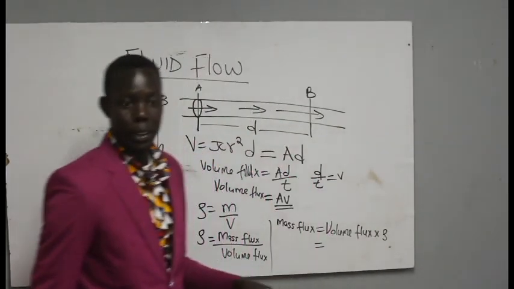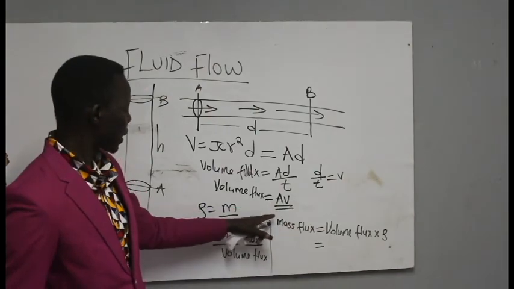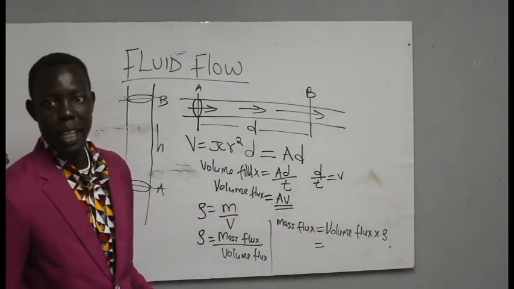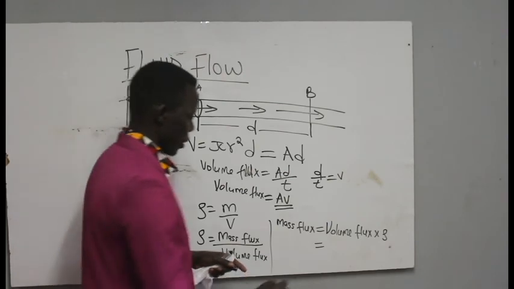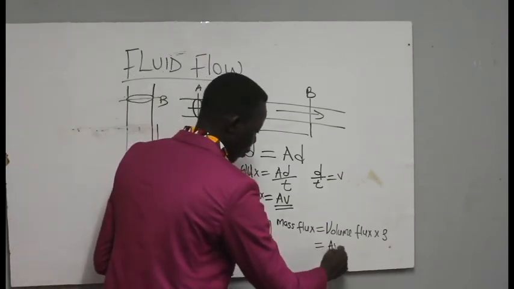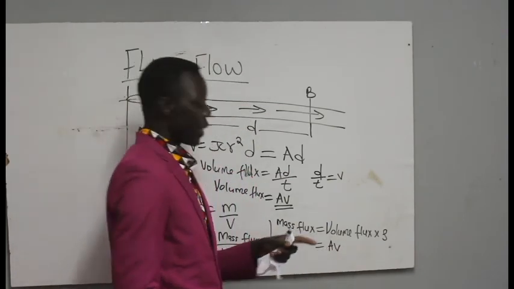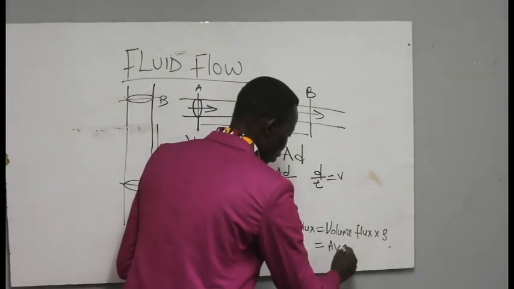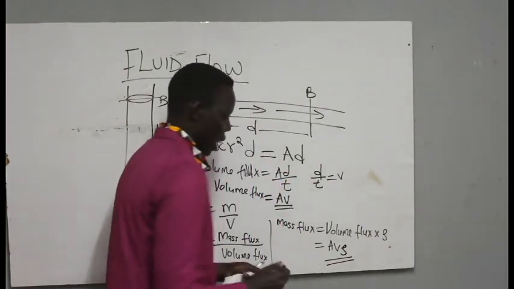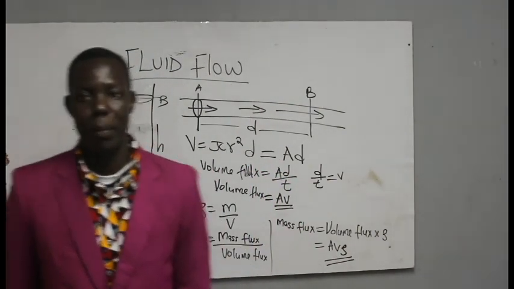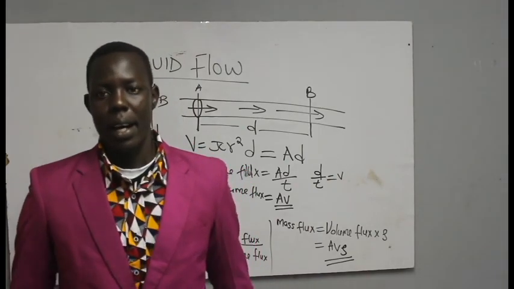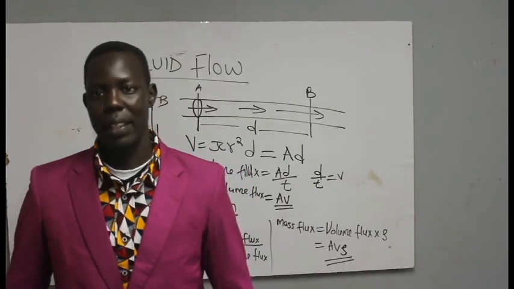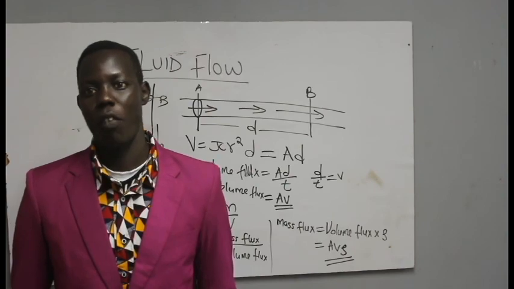Then we know the volume flux is AV, then times the density of the fluid. That is how we can calculate the mass flux. So mass flux is given by the volume flux times the density of the flowing fluids.